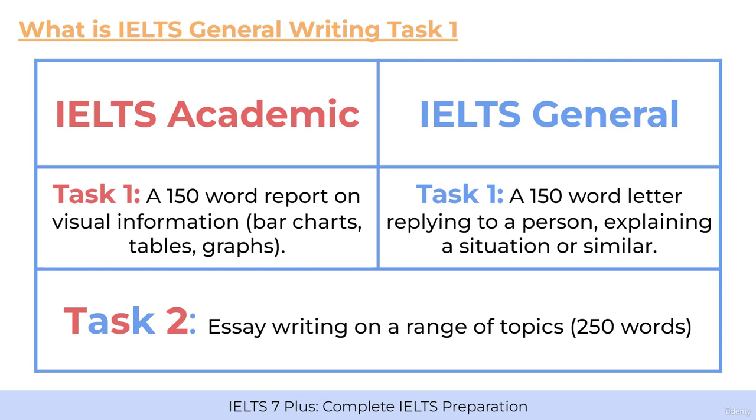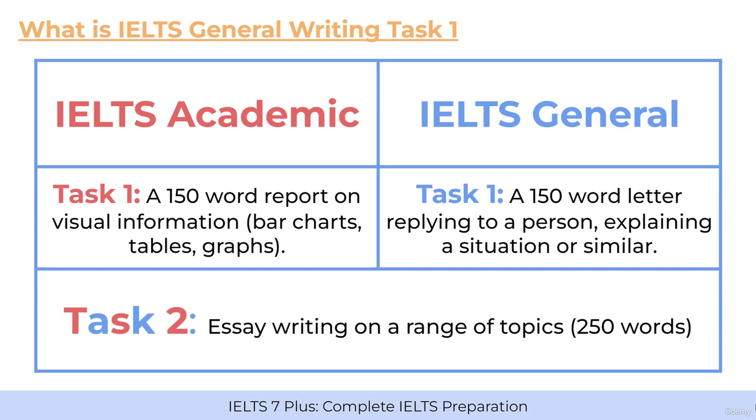These common topics are things like the environment, fashion, general topics of interest. And of course, we have all the Task 2 lessons here in IELTS 7+. But this section is just for you because we'll be focusing on IELTS General Writing.